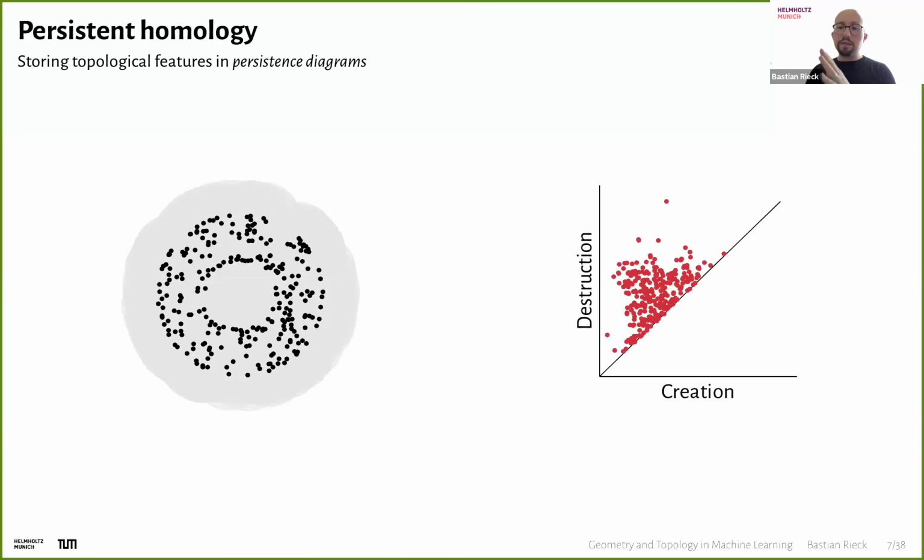And then at the end of this growth process, we have a sequence of these diagrams on the right-hand side that describe the topological features and the topological activity in this point cloud at multiple scales. You have to think about this intuitively as a certain topological feature being created at a certain scale, and then disappearing at a certain other scale.